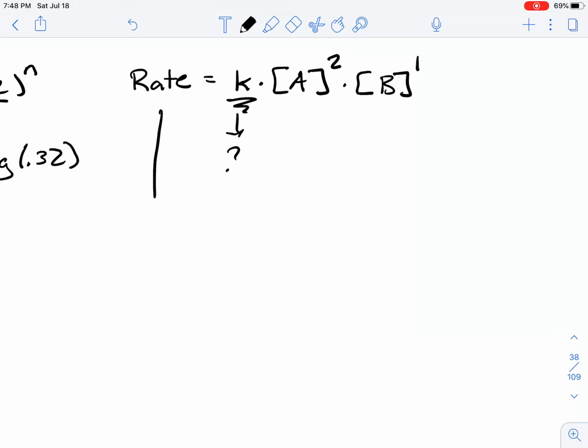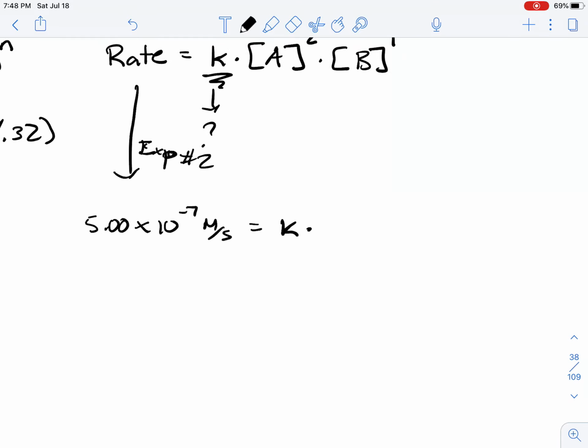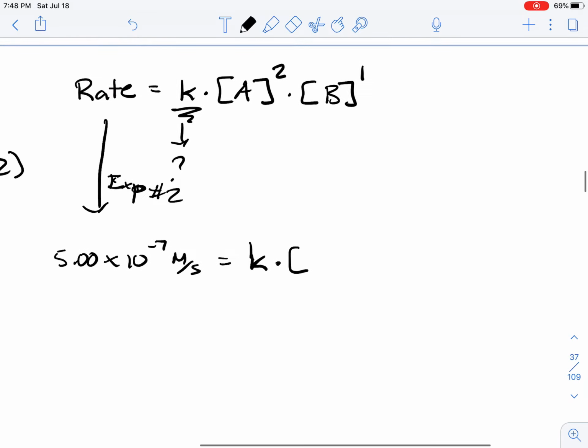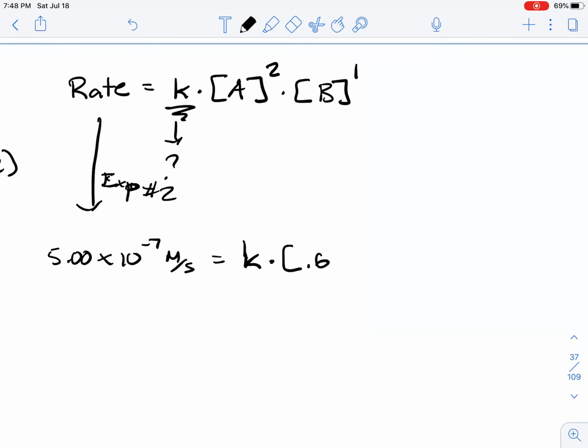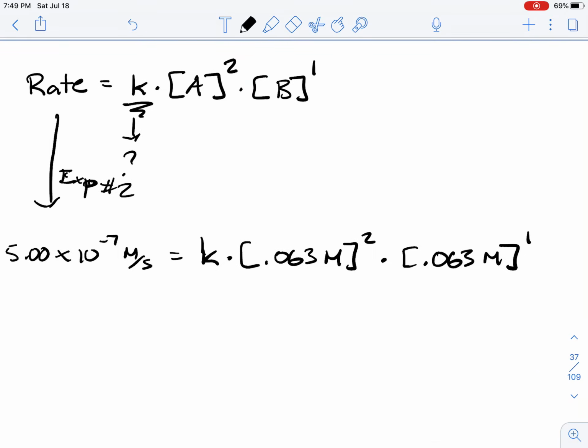And so the initial rate of the reaction from experiment number 2 is going to be 5.0 times 10 to the negative 7 molarity per second. And that's going to equal the rate constant k times the concentration of A, which is going to be 0.063 molar raised to the second power, times the concentration of B, 0.063 molar, raised to the first power.